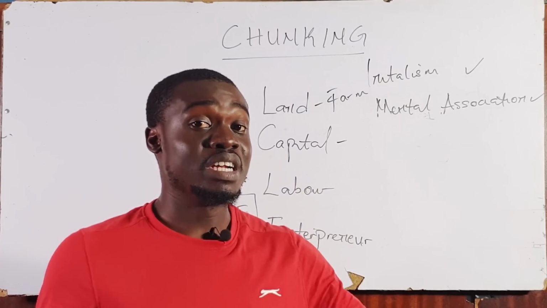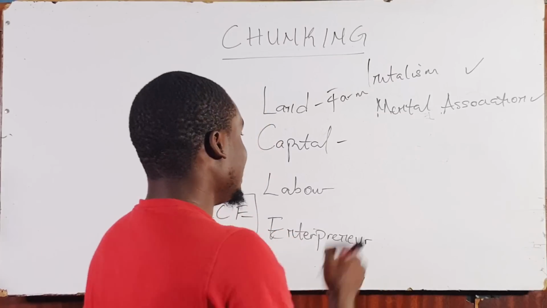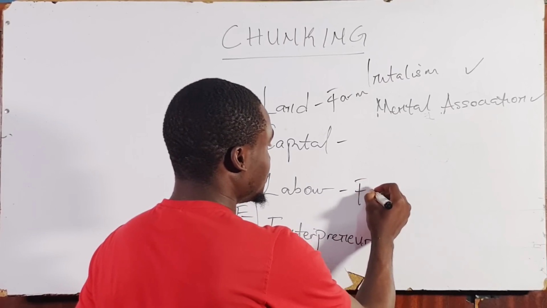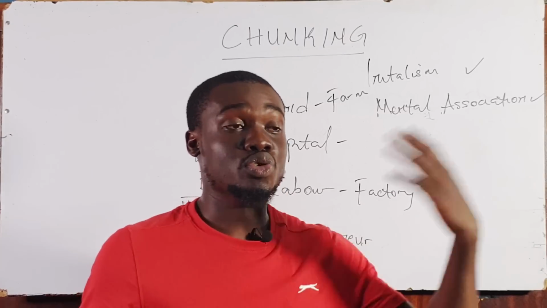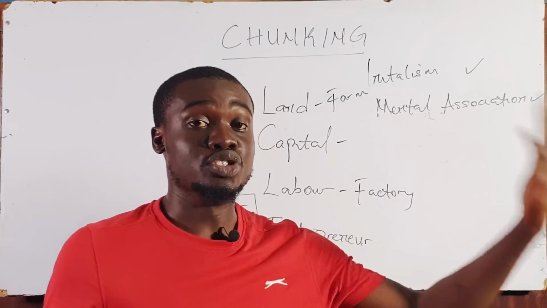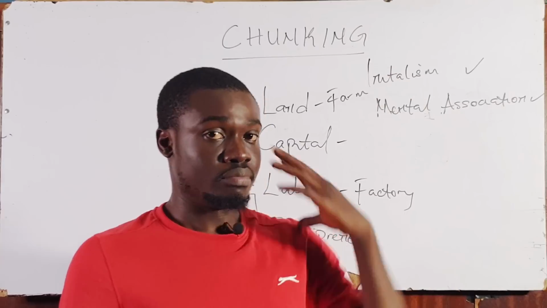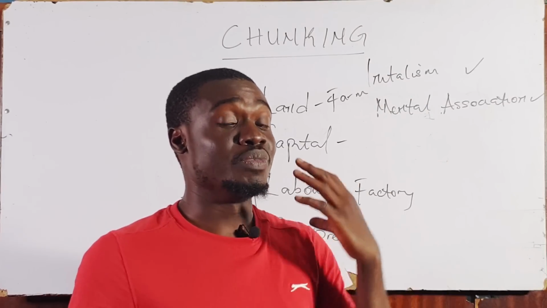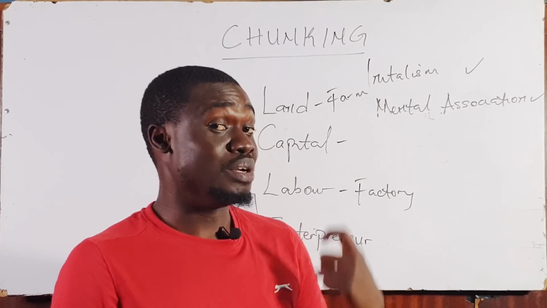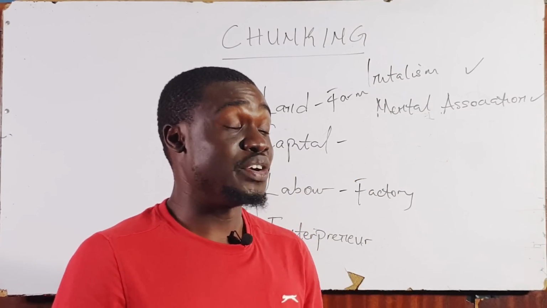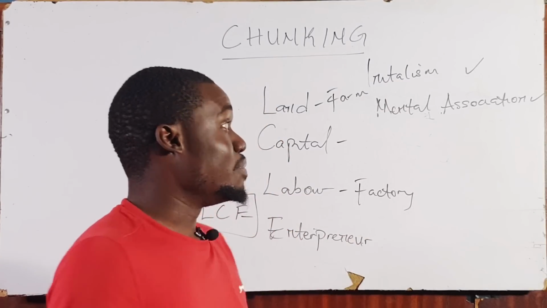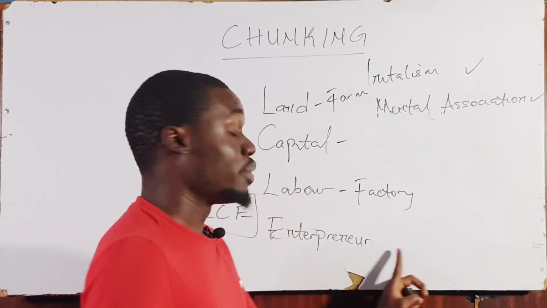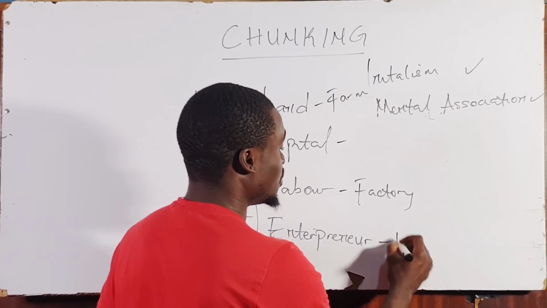It will be very easy for you to recall. You can link labor to factory. Factory is something you know, bread, people that produce bread, they need labor. You can link it to that too. It will be very easy for you to even remember and be able to explain very well. Then one specific mental association I use for labor is Dangote.